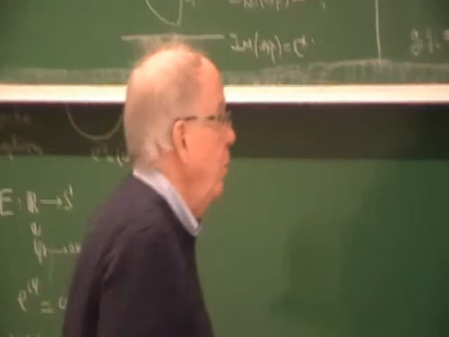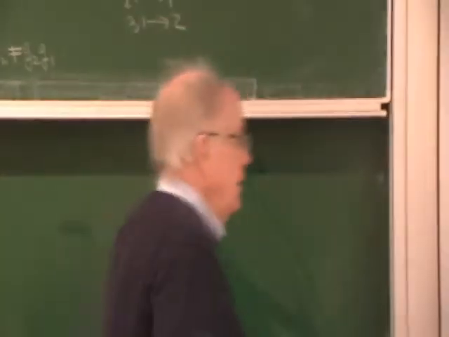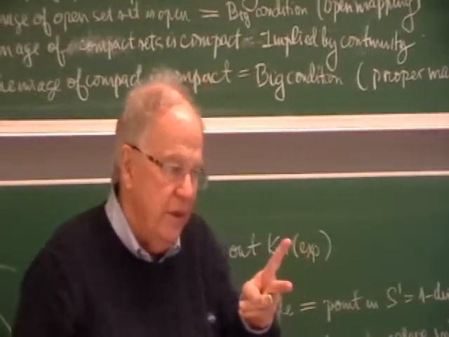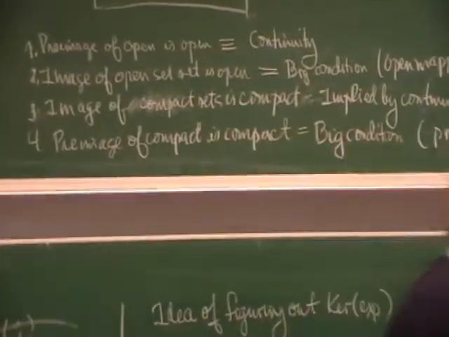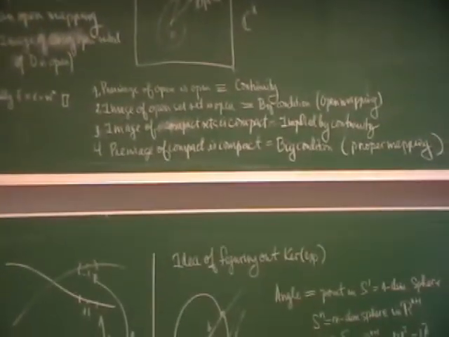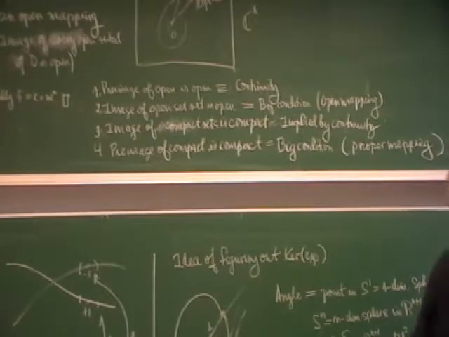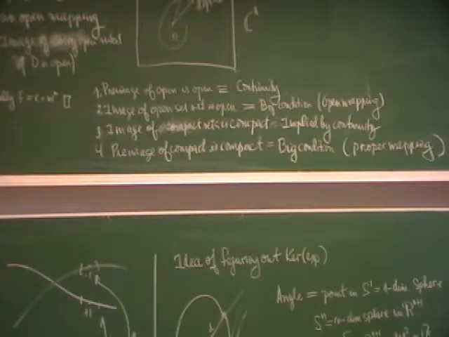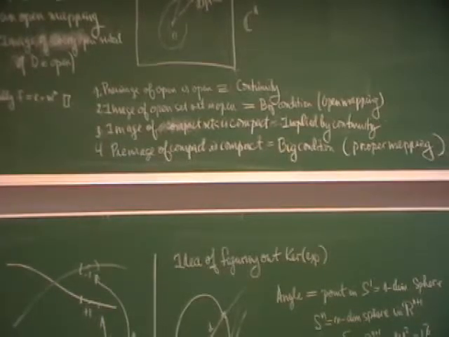And he knew somehow this theorem should be true because he knew somehow that holomorphic mappings are conformal. But he could not formulate this theorem. This theorem was first formulated, I've even seen the paper, by Schwarz.